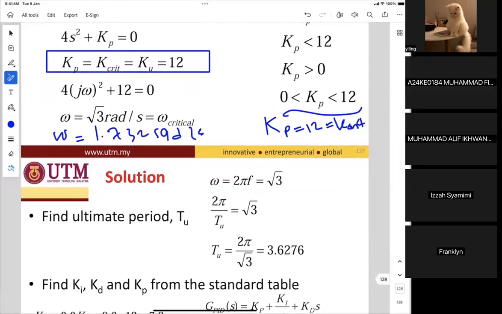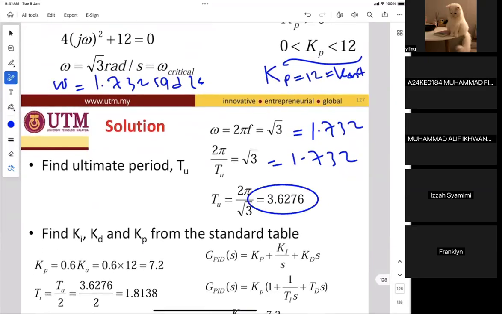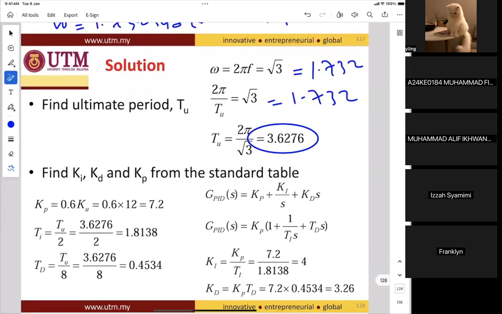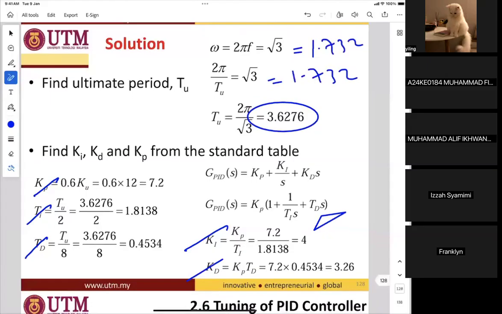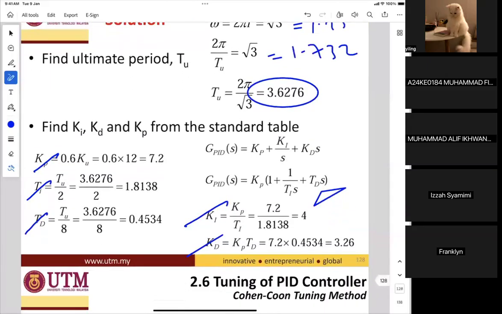So it's inside 1.732. Then Tu is 3.26. And as usual, Kp, Ti, Td, use the table, and then Ki and Kd are shown, then put inside the values. So you will get the Kp, Ki, and Kd transfer function.